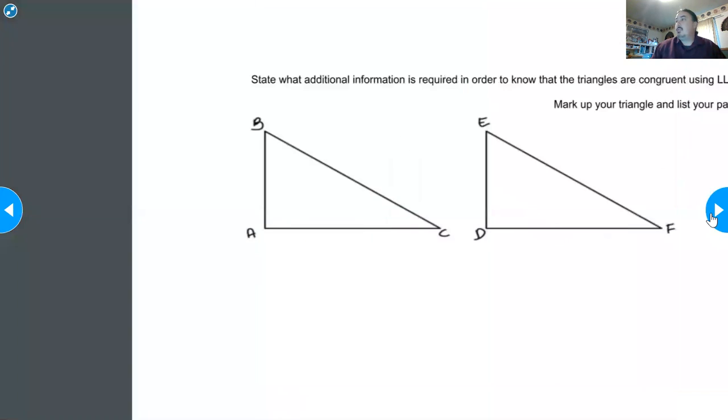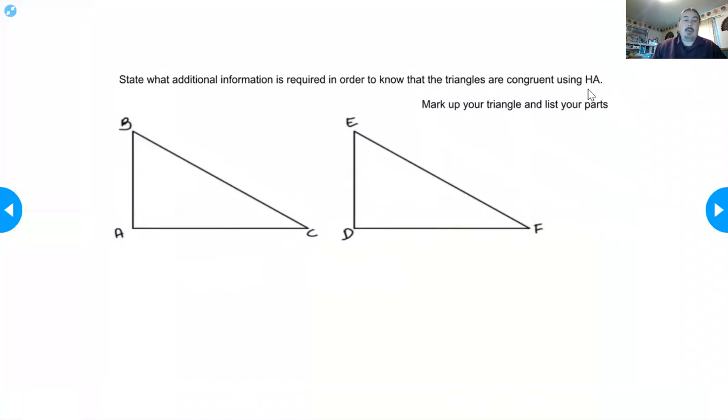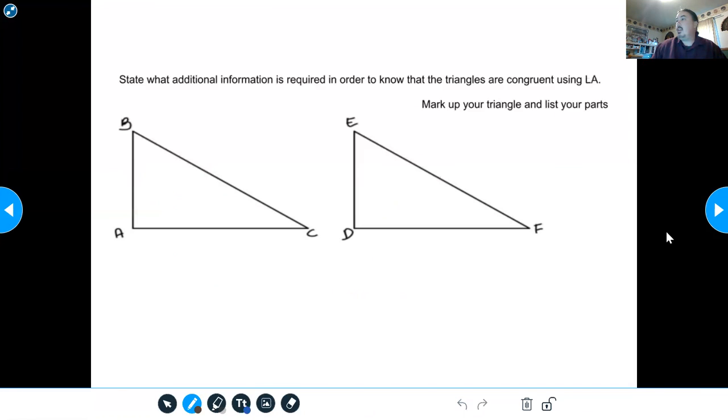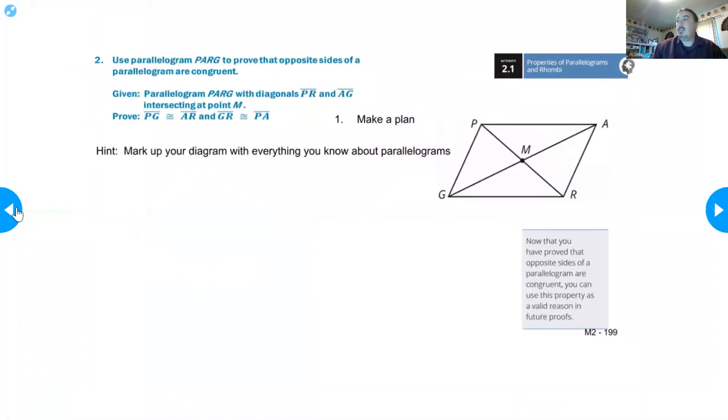So make sure you know leg, leg. Can you find those parts? Can you write them out? Make sure you know hypotenuse angle. Know those parts, be able to write them out. And then lastly, make sure you know leg angle. So make sure you can write those parts out.